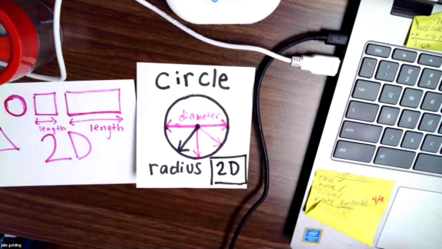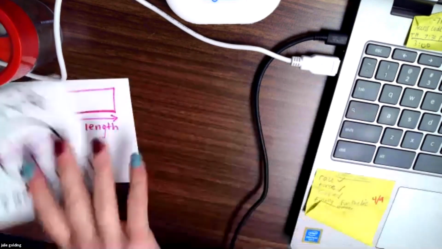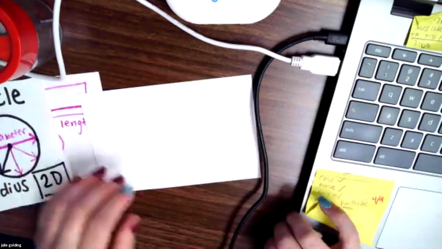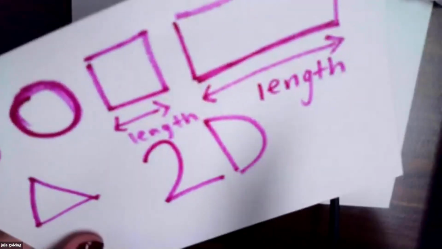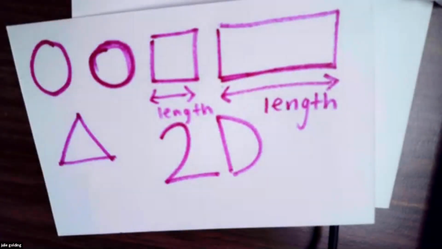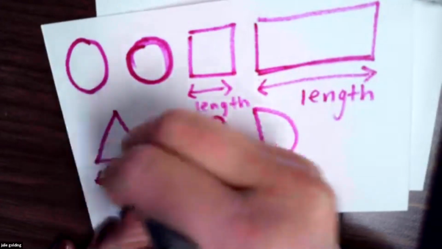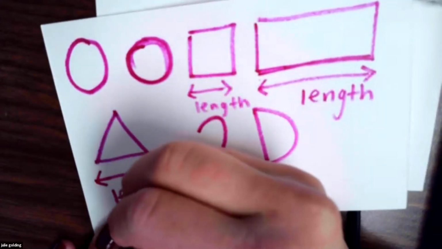If we want to make 3D shapes, that means there is a whole other dimension. So before, for 2D shapes, we have length.